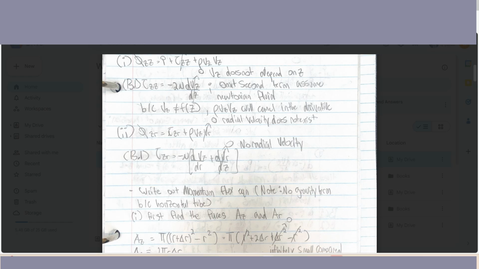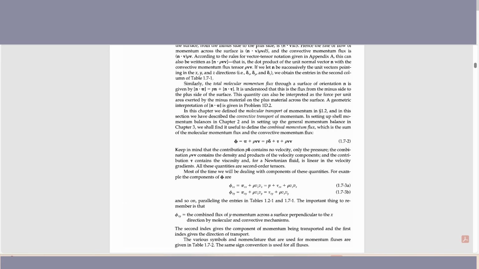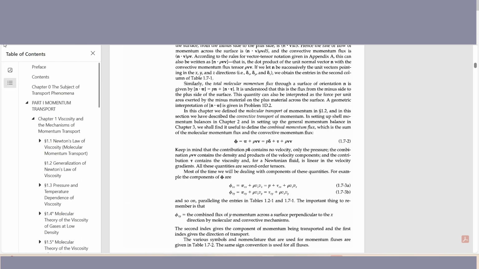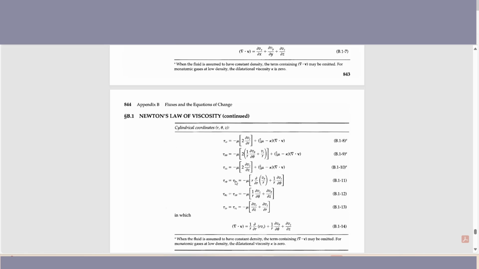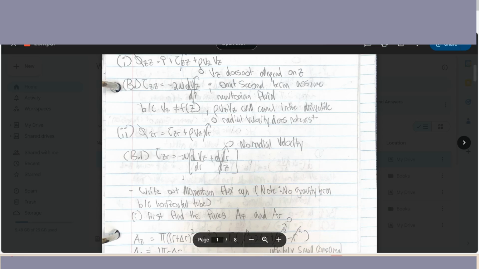And tau ZR equals negative mu times dVz/dr plus dVr/dz, or minus mu dVz/dr. Obviously, there's this mu that's distributing. You can see that again from this chart, and the other term goes to 0 because there's no velocity in the radial direction. Those are from table B1.